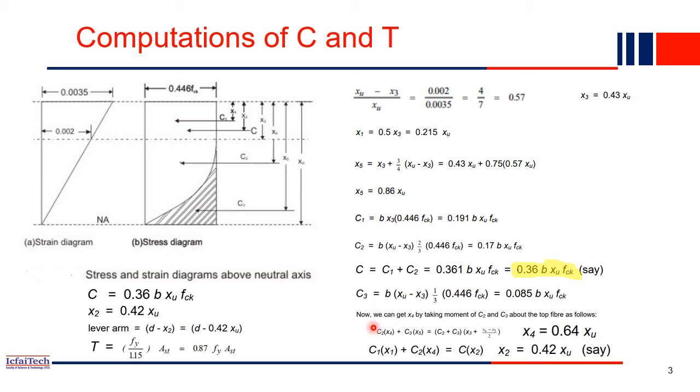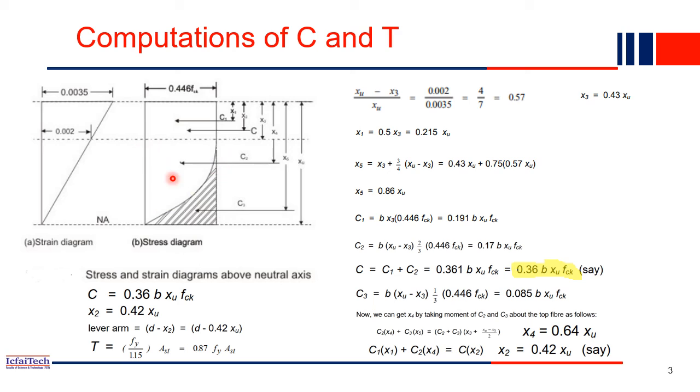Now we can get x4 by taking the moment of C2 and C3 about the top fiber. About the top fiber, if you take a moment, then what will happen? Moment means force into distance, right? So C1 is the force into distance. We'll do C2 also.